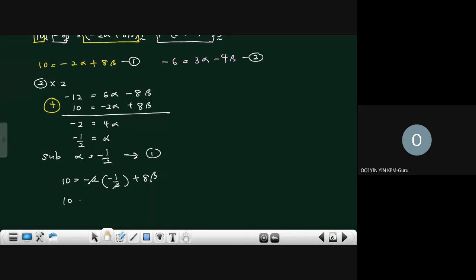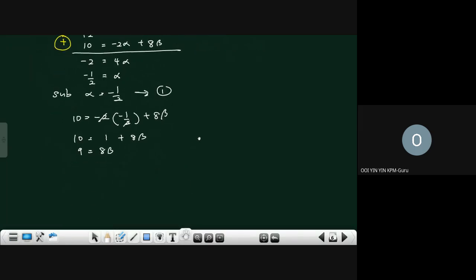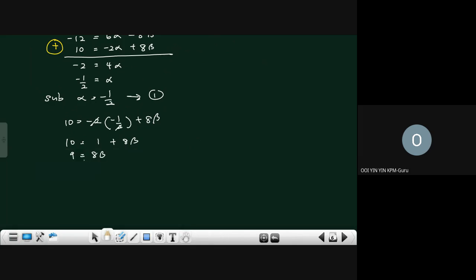So it's 10 equals to 1 plus 8 beta, and then 1 moves to here becomes 9 equals to 8 beta. Lastly, your beta will be 9 over 8. So your alpha equals to negative 1 over 2 and your beta equals to 9 over 8. That's all the answer for this question.